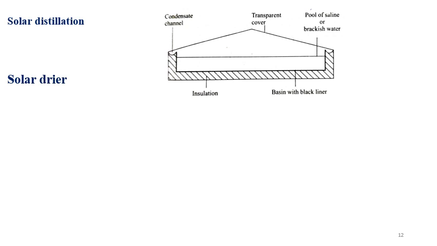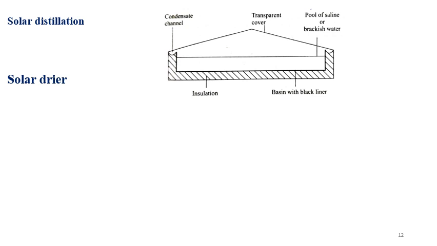Such curves for several stills are drawn, and efficiency is defined. Efficiency is equal to W times delta H divided by H, where W is the weight of the distillate water, delta H is the enthalpy change, and H is the solar radiation or solar intensity. You can design it. That is about solar desalination.